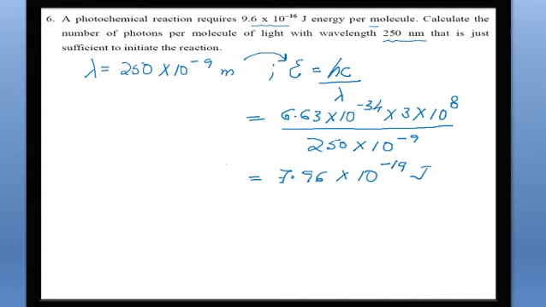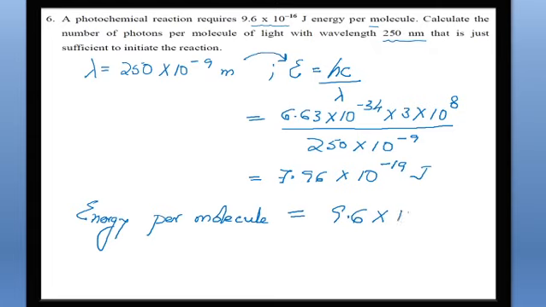So that is the energy possessed by one photon. But the energy required as per the question, that is the energy per molecule required, is 9.6 into 10 to the power minus 16 joules.